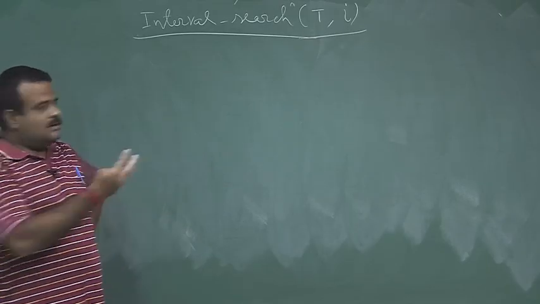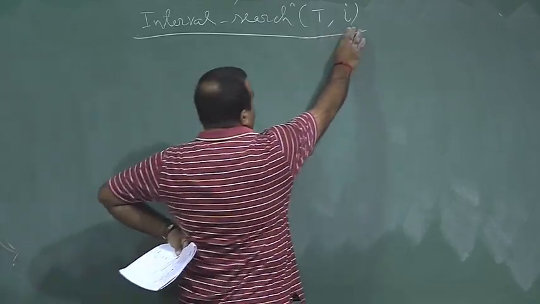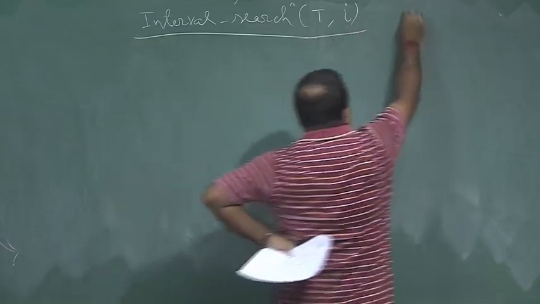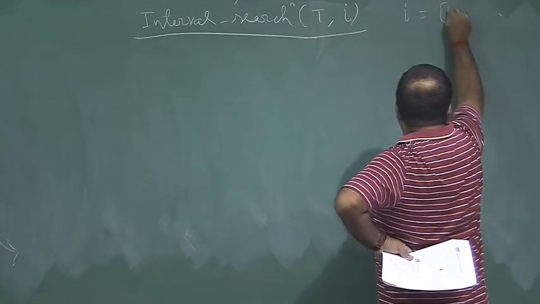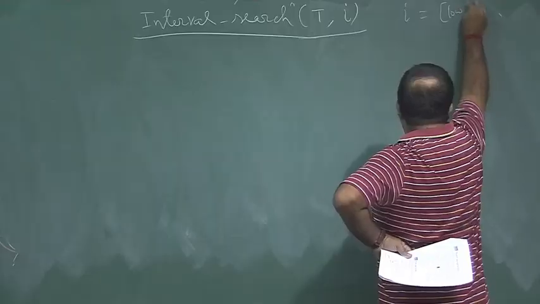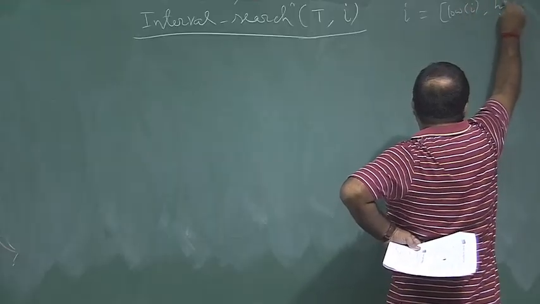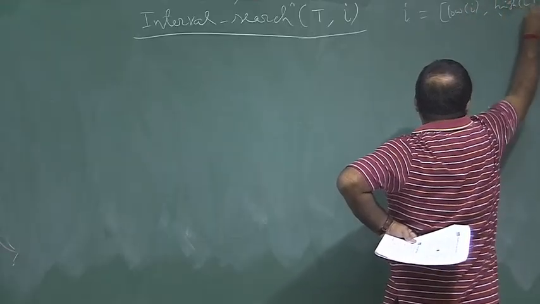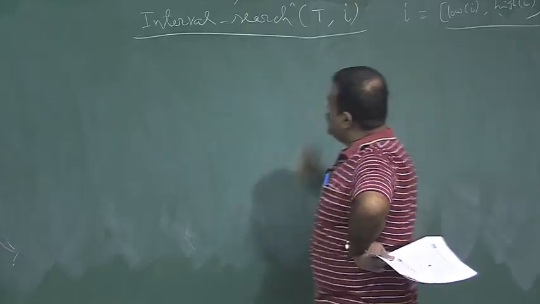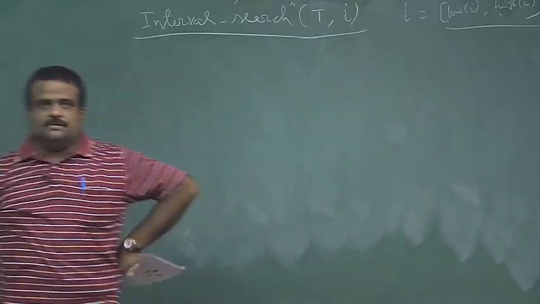So, I is an interval, having low of I and high of I. So, this I is an input, and we are trying to get the interval which is overlapping with I.